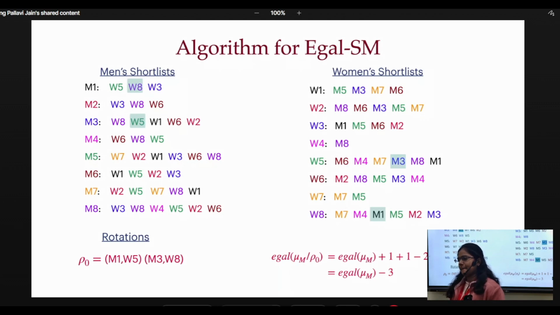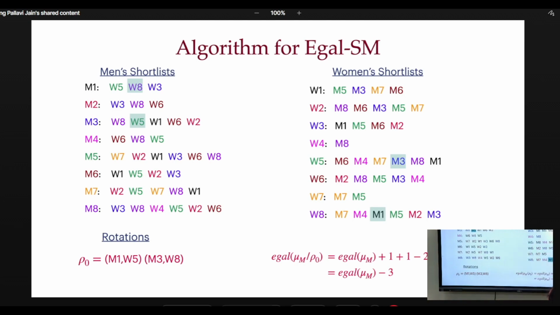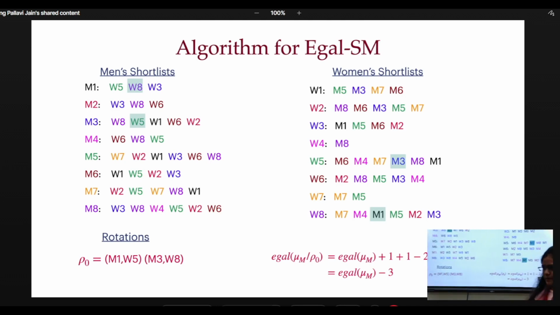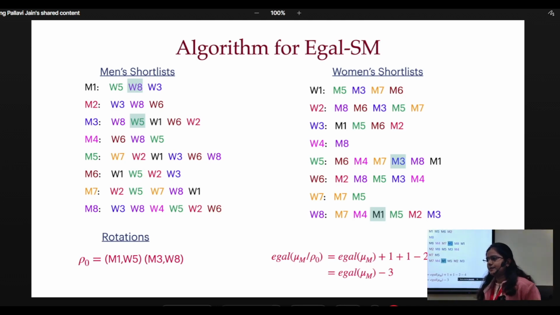Because every time men get a worse partner, but women improve. You can think of it that way: because it's the man optimal matching, no man is going to get a better partner than that. So on the man side, you are not going to get anything from the left side, and on the women's side, you are not going to get anything from the back side. So you are right.